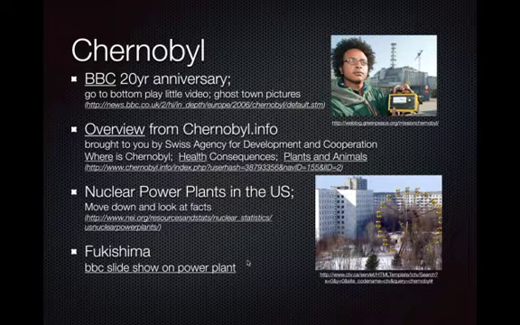And then Fukushima is a recent disaster where a power generator that was well protected was swamped by an unusually large tsunami, because that generator kicked out a lot of the safety measures, and one of the nuclear power plants collapsed.